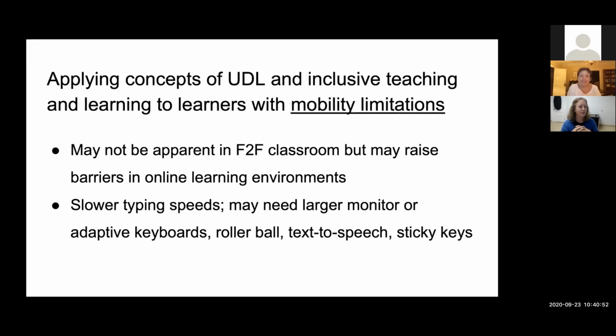Realize that just as they may have slower handwriting speed, they may have slower typing speeds, and so may need a larger monitor or adaptive keyboards, a rollerball mouse, or speech to text or text to speech commands in order to interact with the technologies.